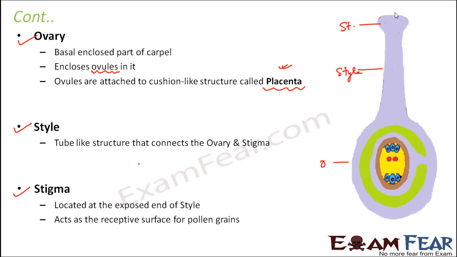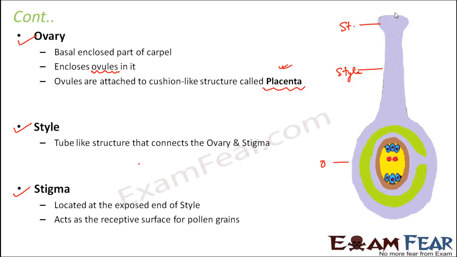The stigma acts as the receptive surface for pollen grains. As I told you, for reproduction it is necessary that fusion should take place between the male gametes and the female gametes. For that fusion to take place, the male gametes need to meet the female gametes. The male gametes are present in the stamen, so they need to come from the stamen to the carpel.